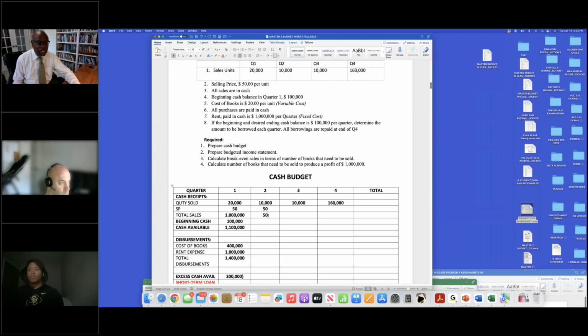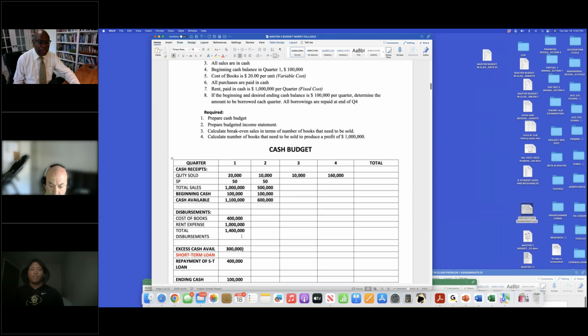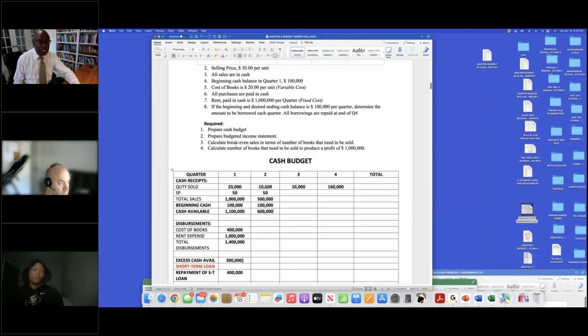We've got that 100,000, we still have it, so 600,000. Our expenses: 10,000 books at $20 each is 200,000. You still have to pay the rent of $1 million. And so we're at 1,200,000.